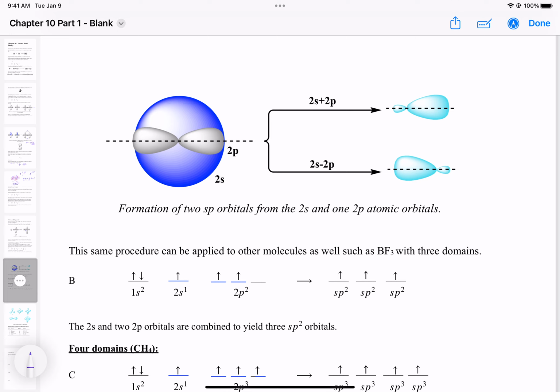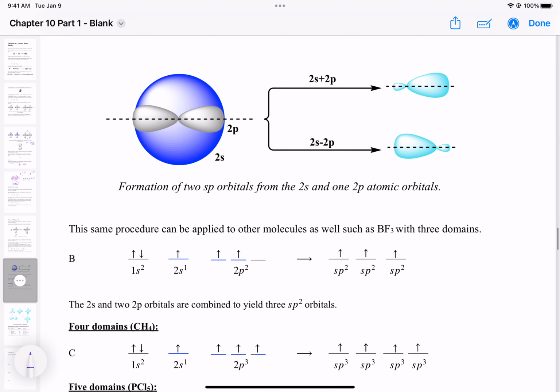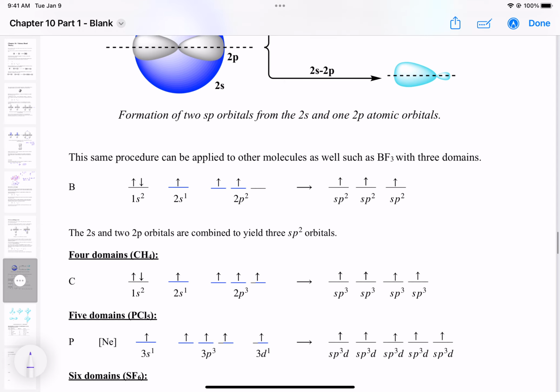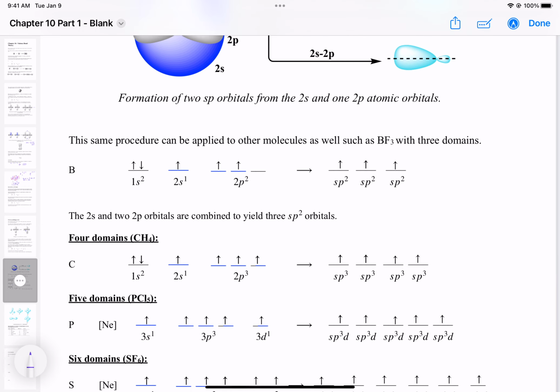We can apply this to other molecules such as BF3 with 3 domains. We combine 3 orbitals instead of 2. We promote one s electron to the p orbital to get 3 equivalent sp2 orbitals for boron. For 4 domains, we can combine the s orbital and 3 of the p orbitals, promote the electron to the empty p orbital, and then we get 4 equivalent sp3 orbitals.